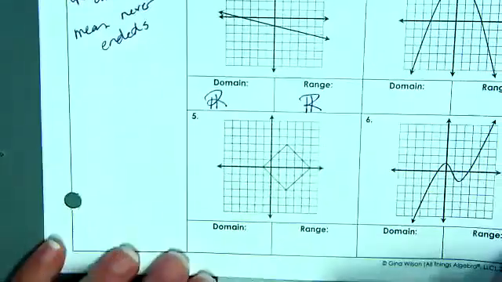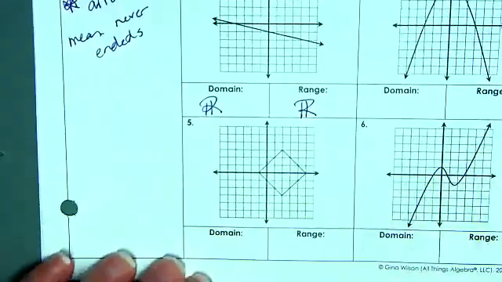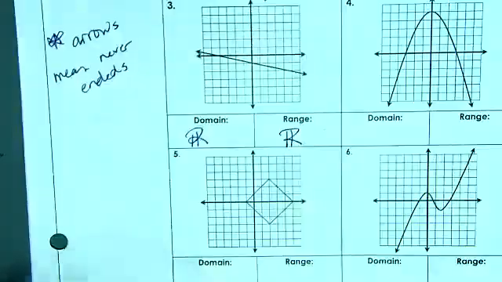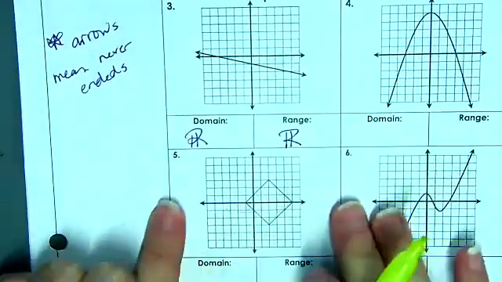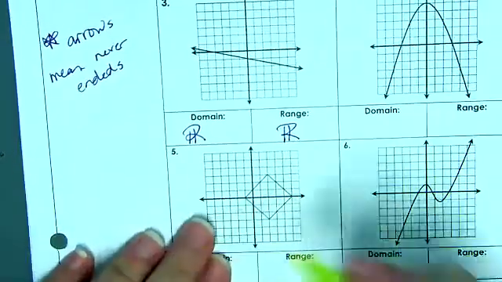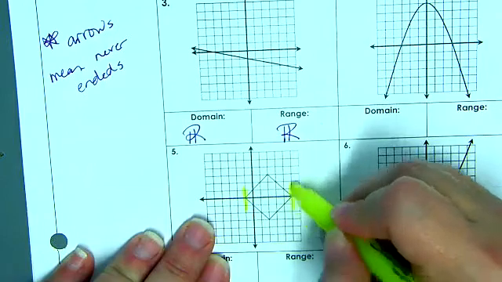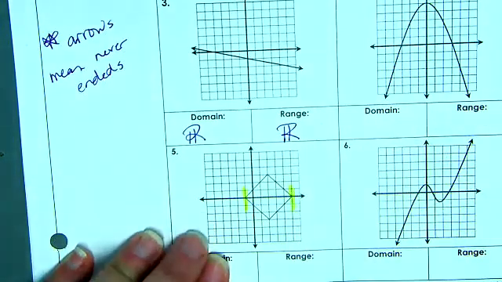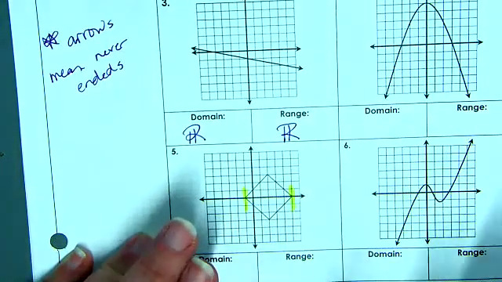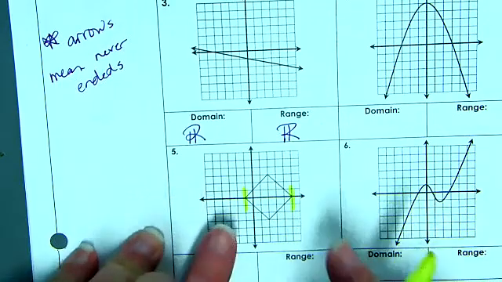Number 5, this is where it might be helpful to use the different colored highlighters. For this one, I'm looking at my X values, my X axis. It's going to go from here to here. My graph doesn't go any further. There are no arrows. That's the limits of my graph.